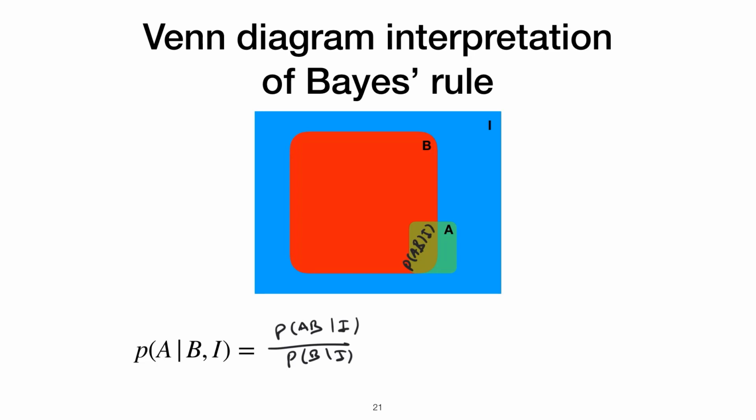Therefore the probability of A given B is the ratio of the area of the intersection of A and B divided by the area of B.